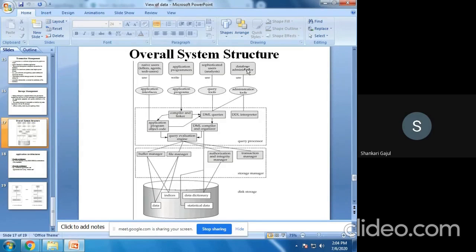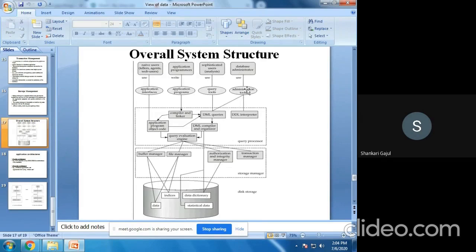And what about the database administrator? The database administrator, the DBA, is the person who controls the central database system. How much memory is required, how data is stored, what kind of memory management is required, all these jobs have to be done by the database administrator.